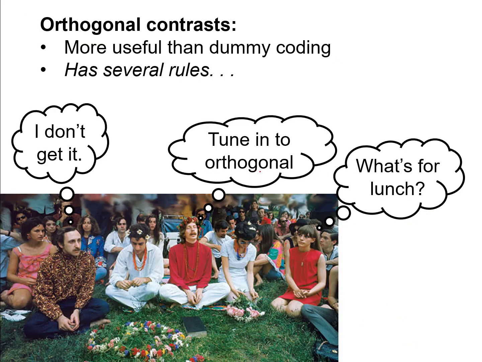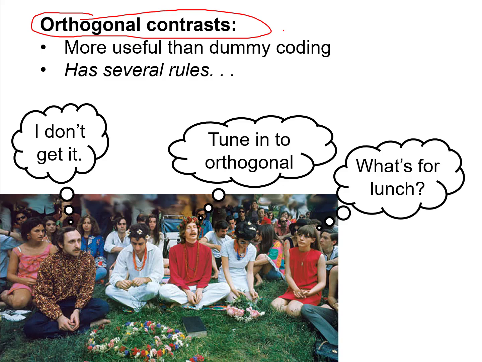Specifically, it's something called orthogonal contrasts. There's actually many different ways to do coding. There's dummy coding, there's orthogonal contrasts, and many other ways. I'm going to focus here on orthogonal contrasts because they are especially useful in situations where we have more than two groups and we need to make multiple contrasts.